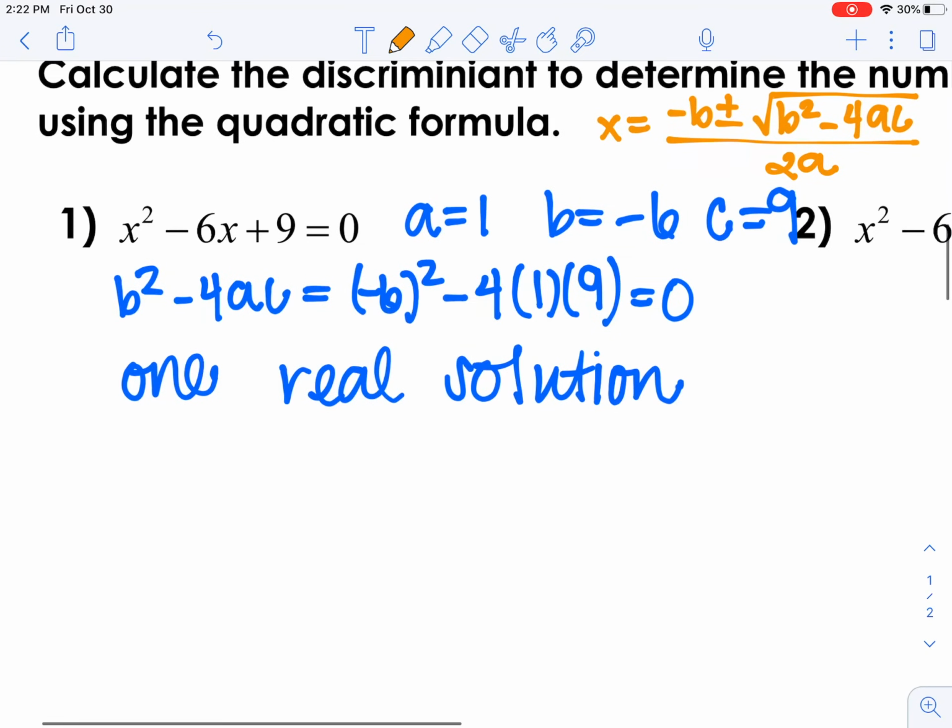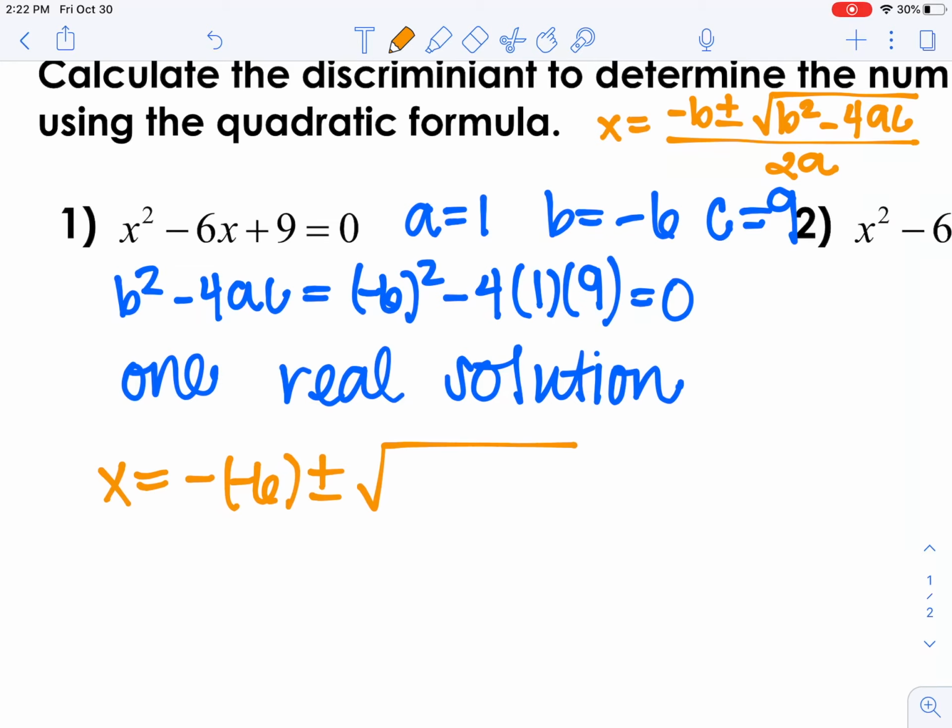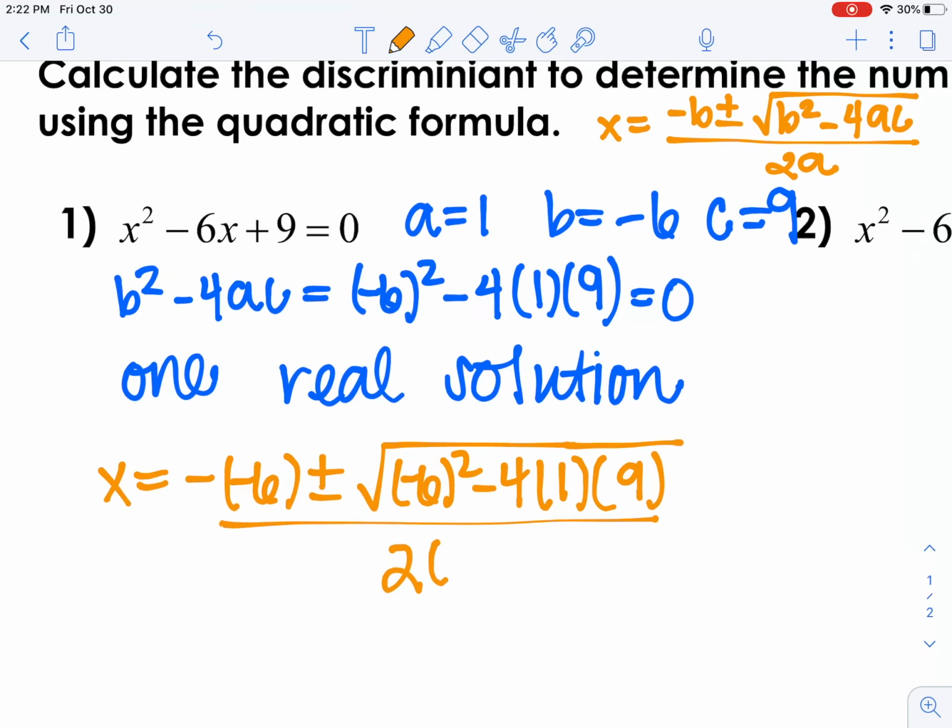So if I plug in these a, b, and c values, we get x equals negative negative 6 plus or minus the square root of negative 6 squared minus 4 times 1 times 9 all over 2 times 1.